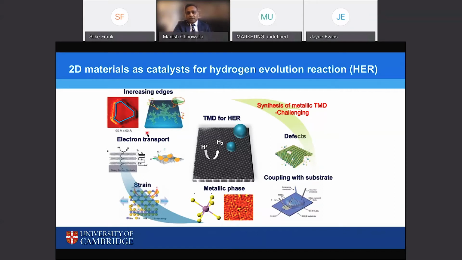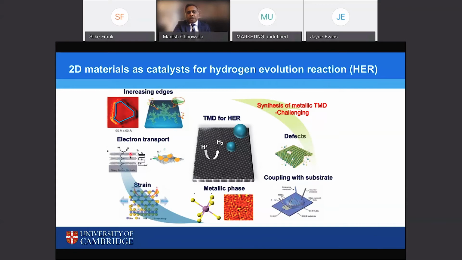So there was a huge amount of effort to try to increase the concentration of edges in as-grown molybdenum disulfide to improve the catalytic performance. However, the main drawback of these semiconducting 2H crystals that Jaramillo et al. grew was that the basal plane, where the majority of the atoms are located, is catalytically inactive.